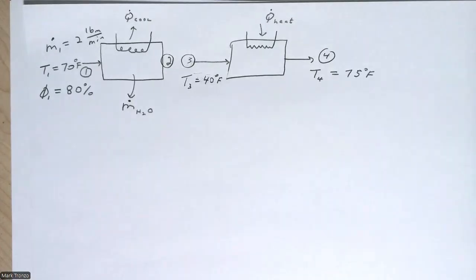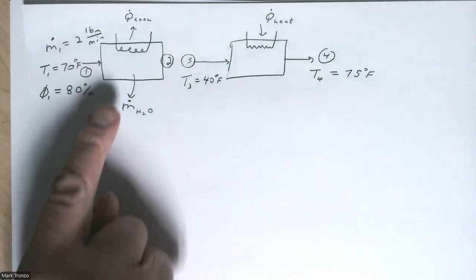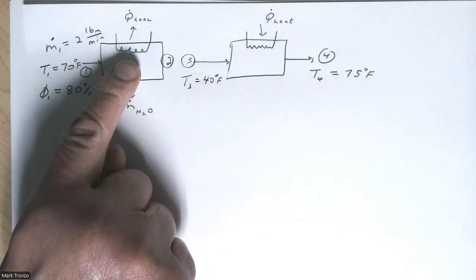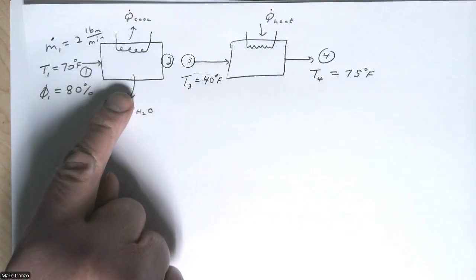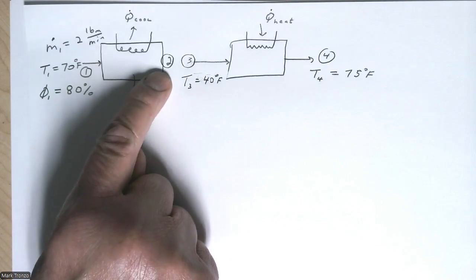So we have a picture something like this. The air coming into the dehumidifier is being cooled, and once it gets to a certain point, moisture starts dropping out, and it continues to be cooled.